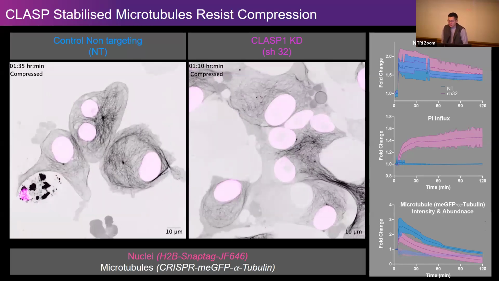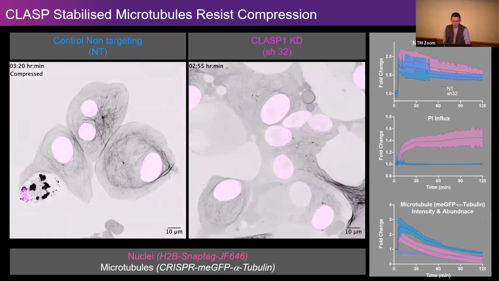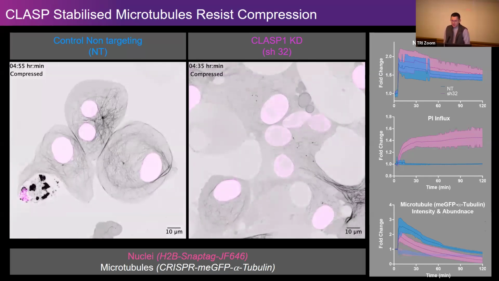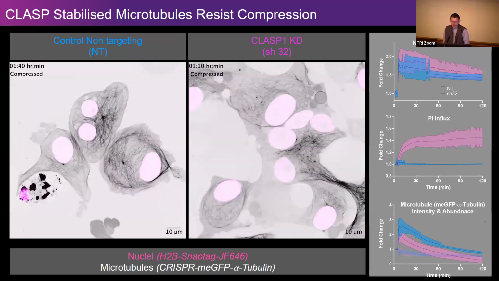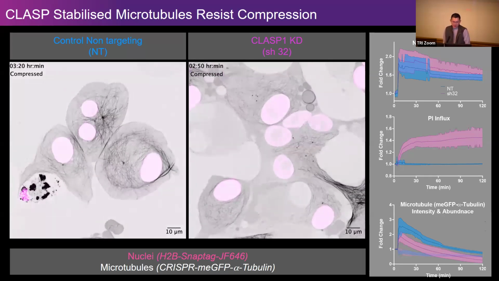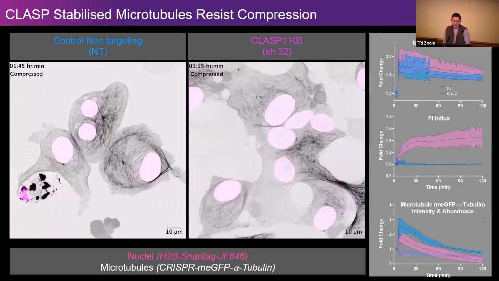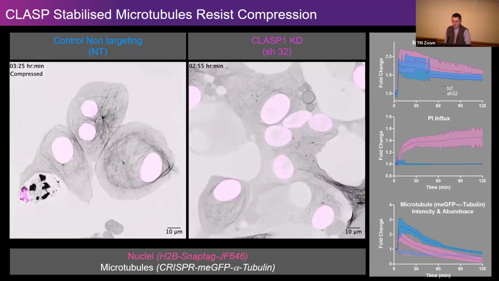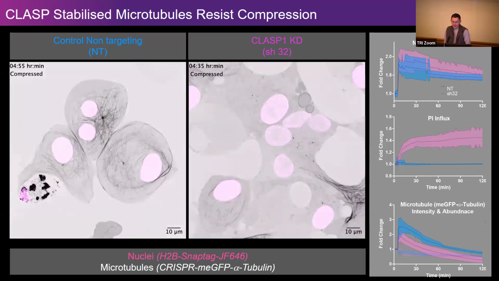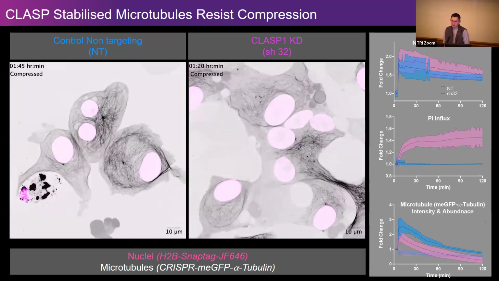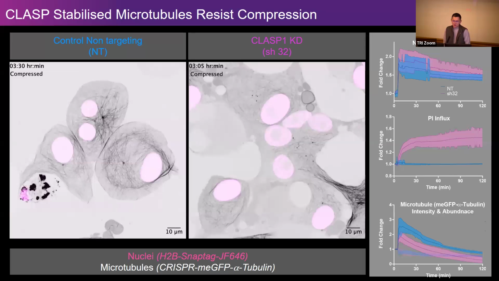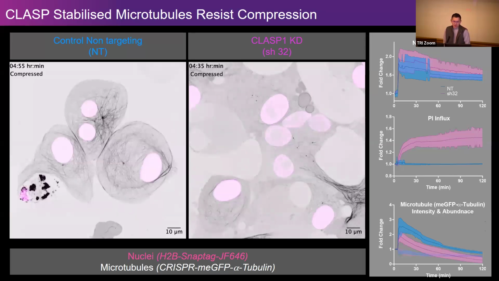And this has a lot of different outcomes for cells. So when we add in a dye called propidium iodide that basically crosses the membrane once it gets breached, we can see that when we compress CLASP-depleted cells, we get dramatically more PI influx. So there's things getting into the cells, indicating there's membrane rupture occurring.